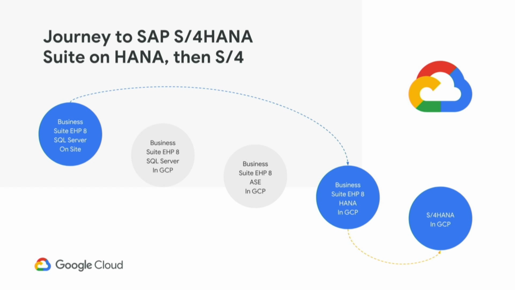Your end goal is to get to S/4HANA in GCP, but we collectively decide to take one intermediate step, which will be, first of all, migrate SAP to GCP with your existing version, and then once you're in GCP, migrate to S/4HANA. This will be the approach that you could take using just the SAP tools, so you will convert your data from any database to SAP format.